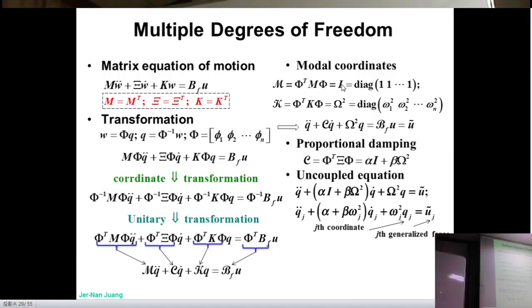Well, there's a theorem that can be proved. That matrix always exists if M is positive definite and K is semi positive definite. That means some of my omega, my frequencies, can be 0.